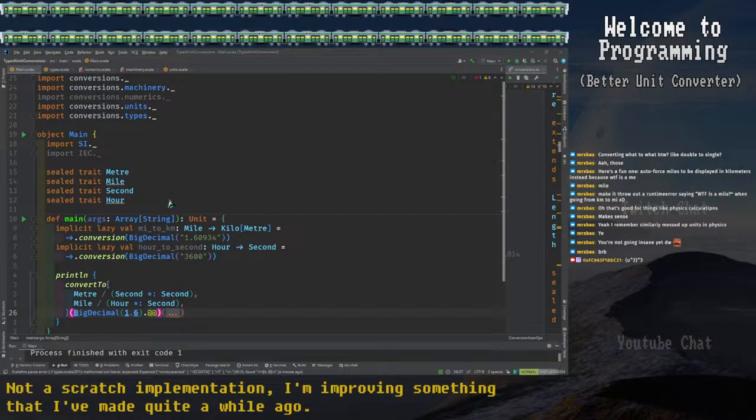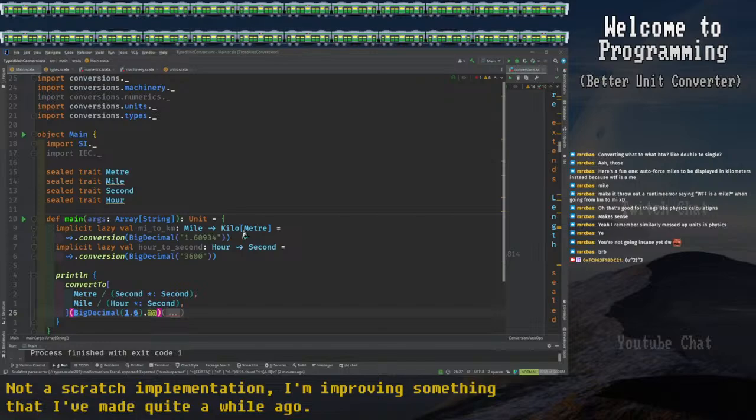Okay, it's found that. So this should be from a transitive conversion, probably from invert conversion. Mile to meter. Integrated conversion. Well, we have this.